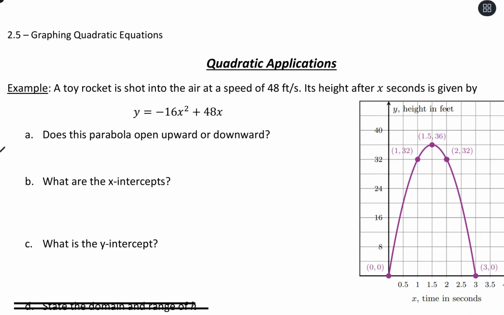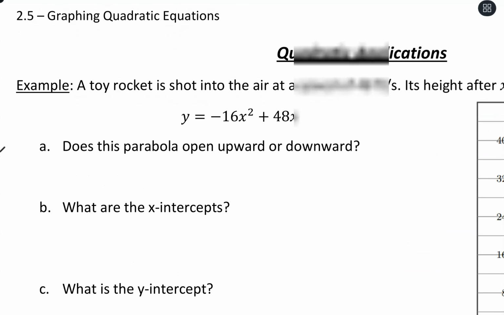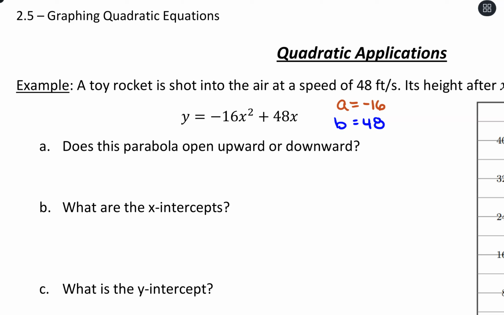So I know we have the graph on that right-hand side, but just for the sake of practicing our properties, does the parabola open upward or downward? Well, I'm seeing a equals negative 16 here, and I'm seeing b equals positive 48, and I'm seeing a c of 0 here.